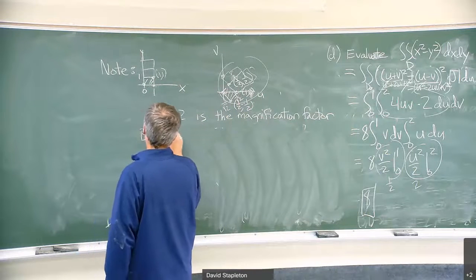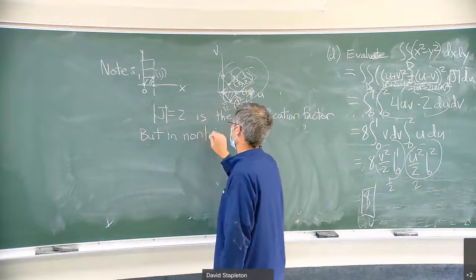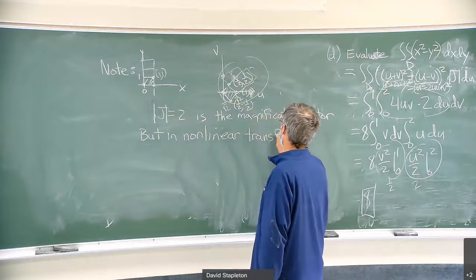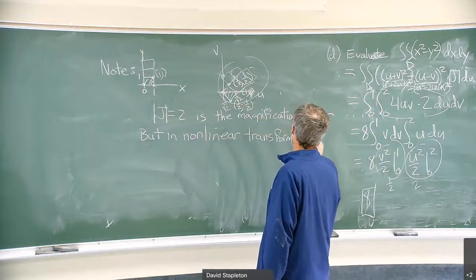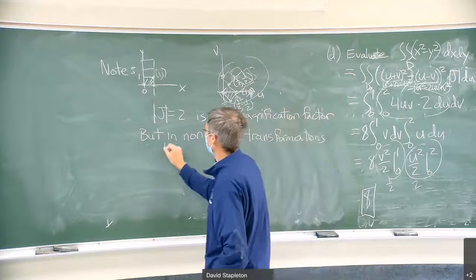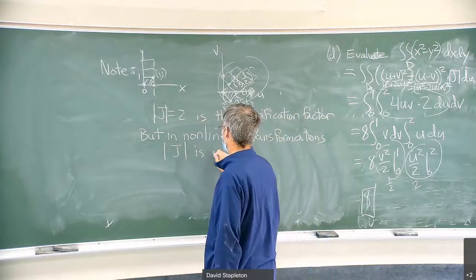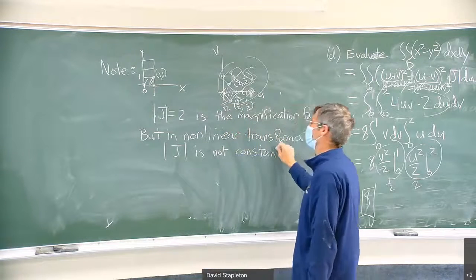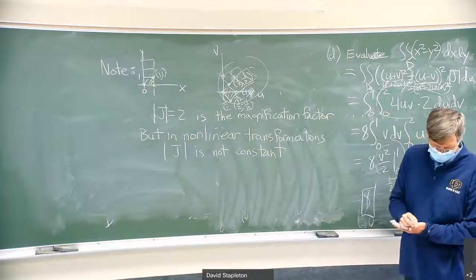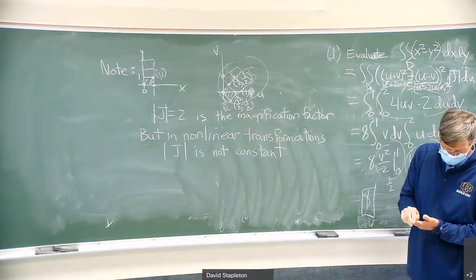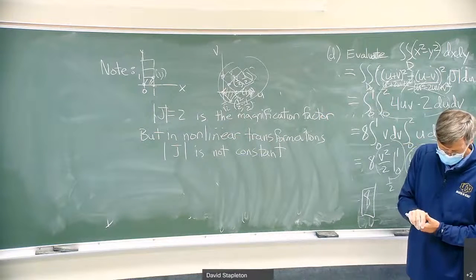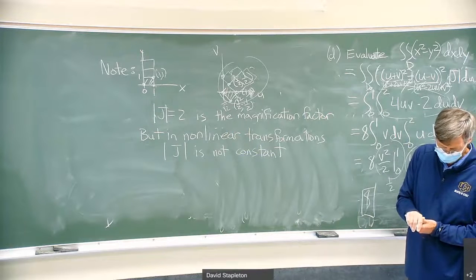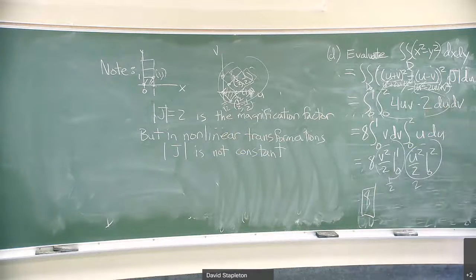So with nonlinear transformations, the Jacobian is not a constant. Okay. Let's leave that one there then.